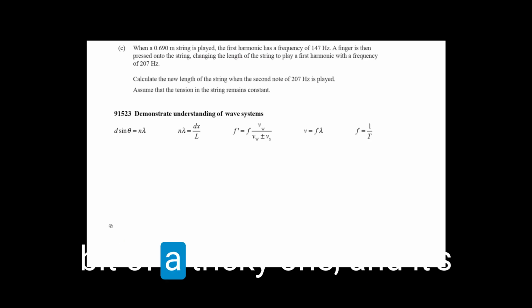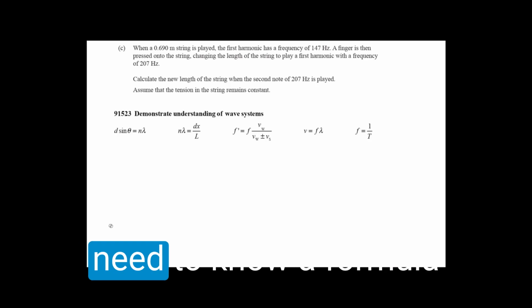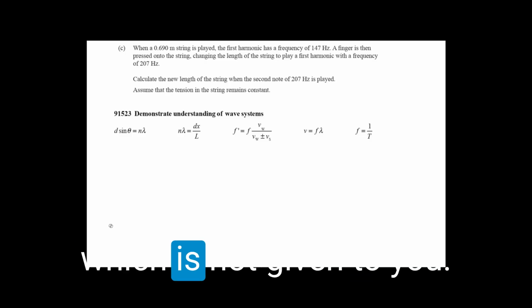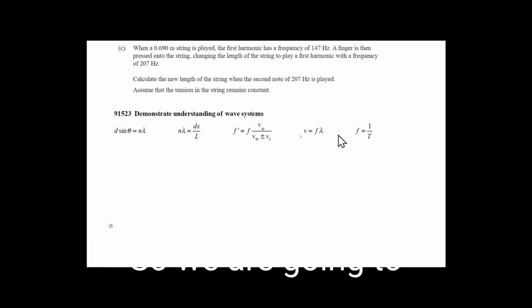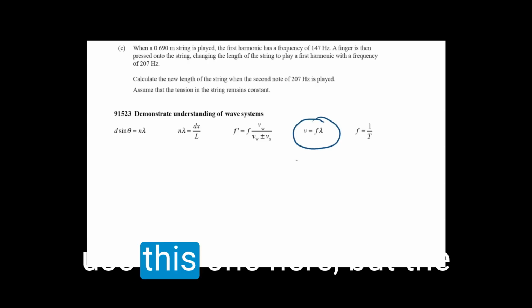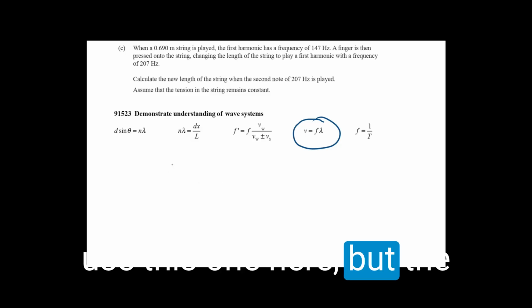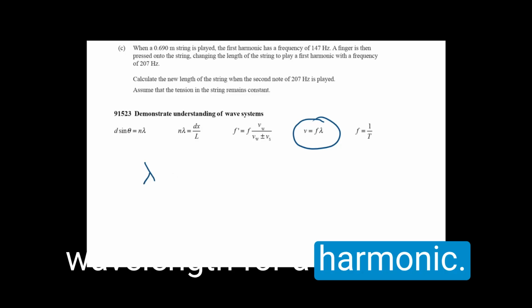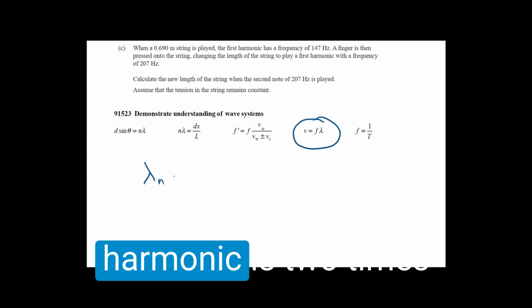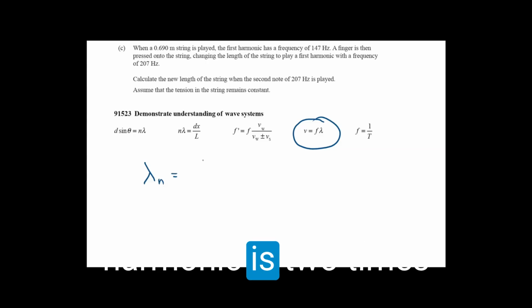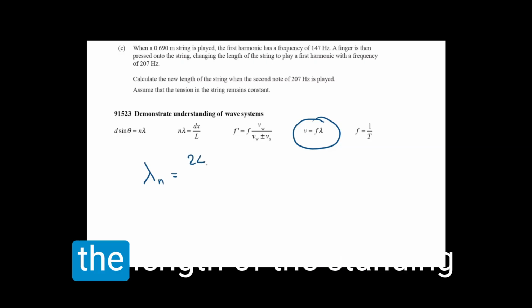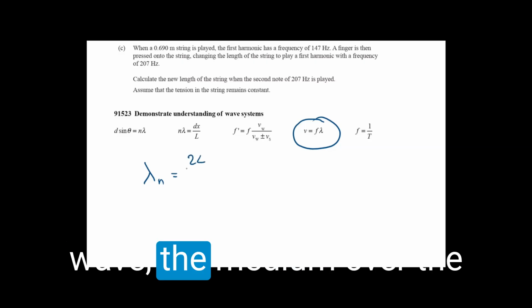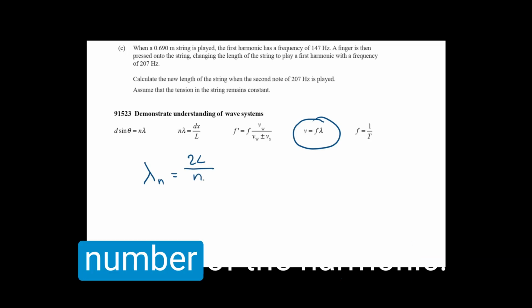This next one is a little bit of a tricky one, and you really do need to know a formula which is not given to you. The wavelength of a harmonic is 2 times the length of the medium, the standing wave, over the number of the harmonic.